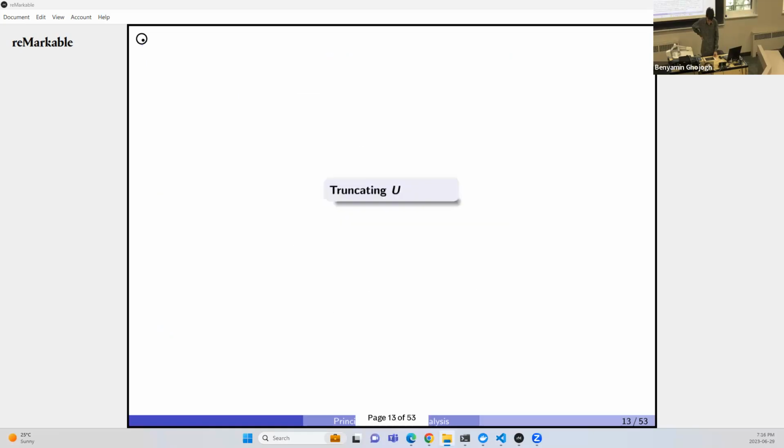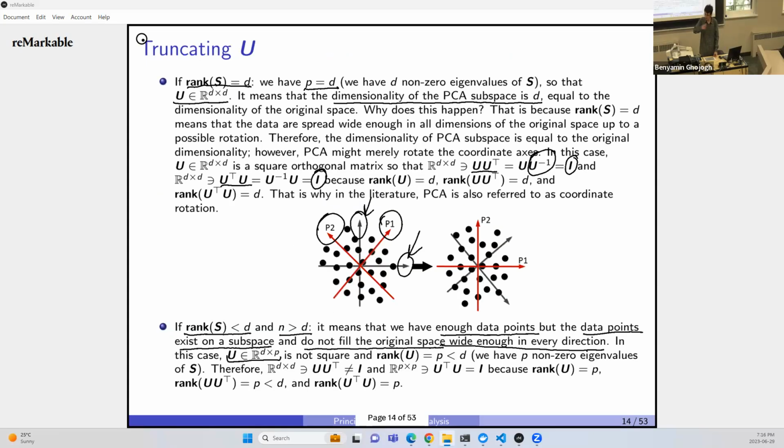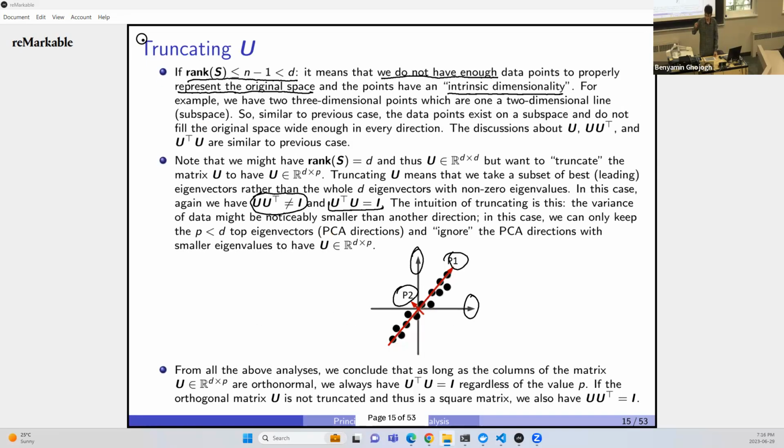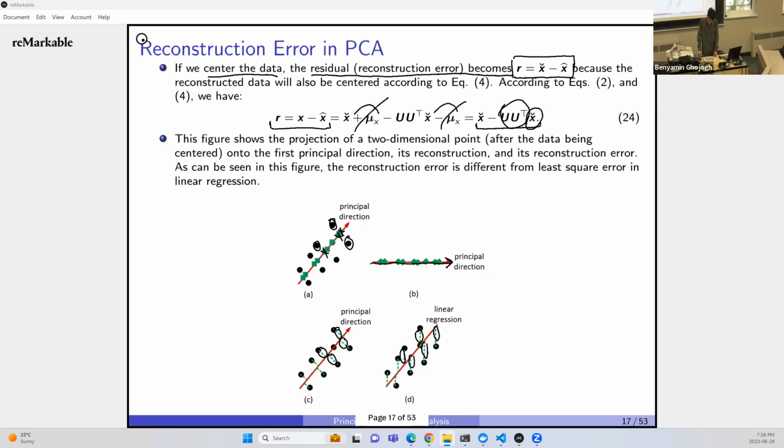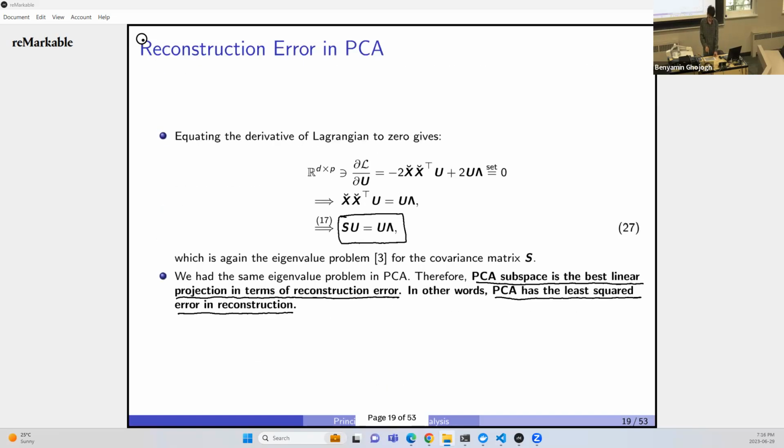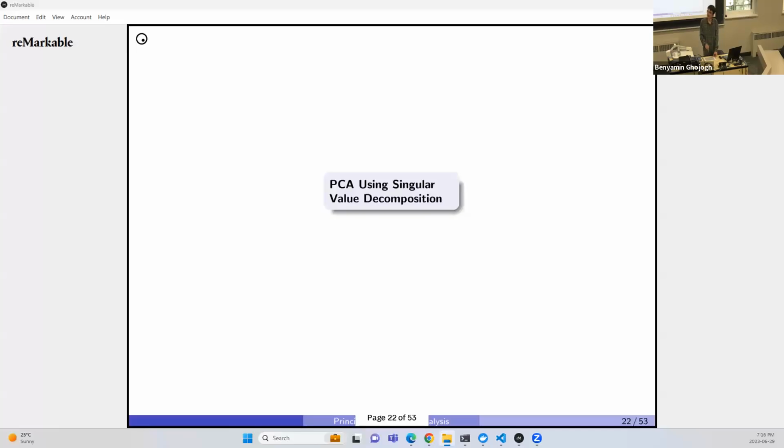This is another way of finding U in direct PCA. Whatever I told you about PCA before starting dual PCA, you can call direct PCA. Another way was this section: PCA using singular value decomposition.